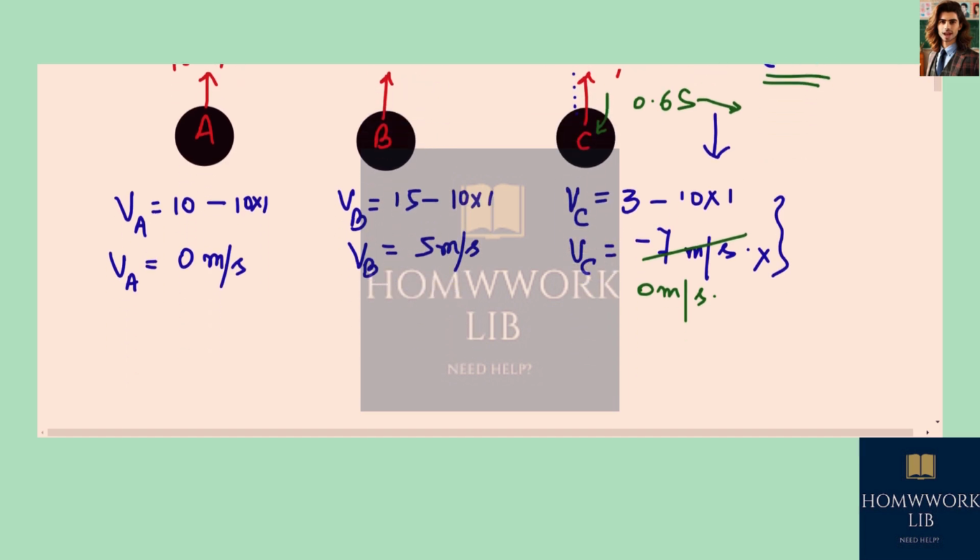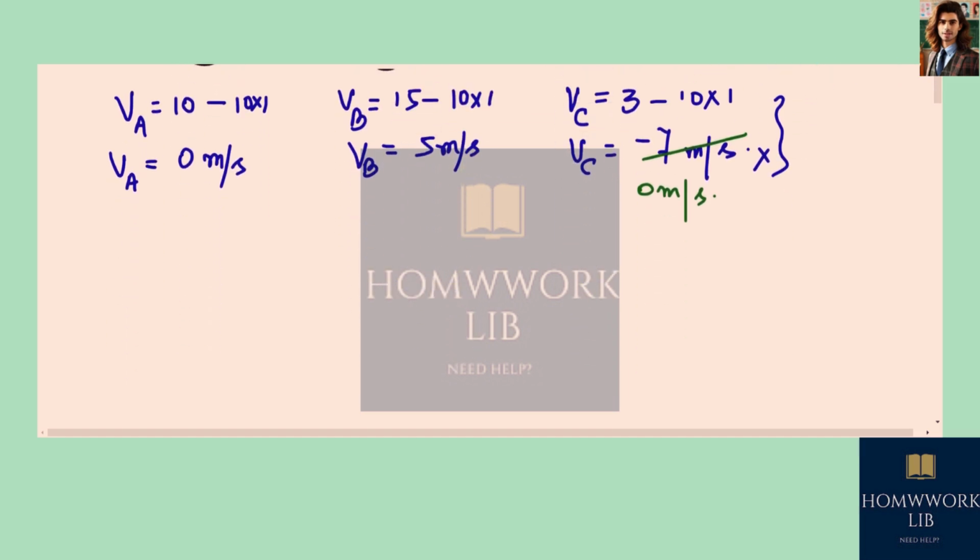So if we are to rank from the maximum to the minimum speed, vB will be greater than vA, and this would be equal to vC. By the way, at the instant exactly at 1 second, right before it hits, we can approximately say that vB is greater than vA, and this is of course greater than vC.